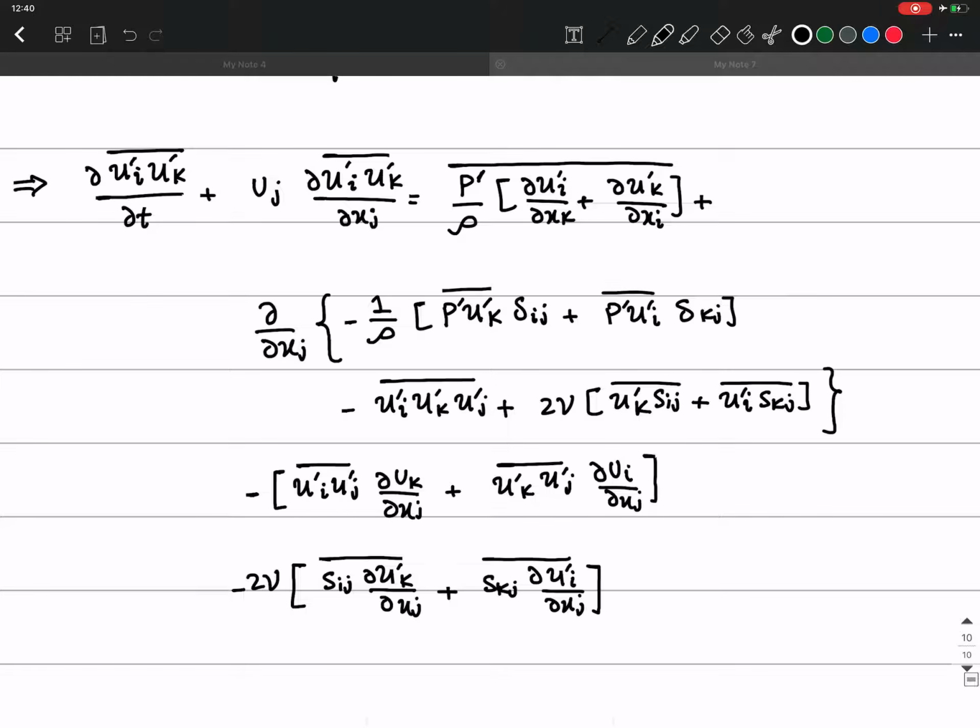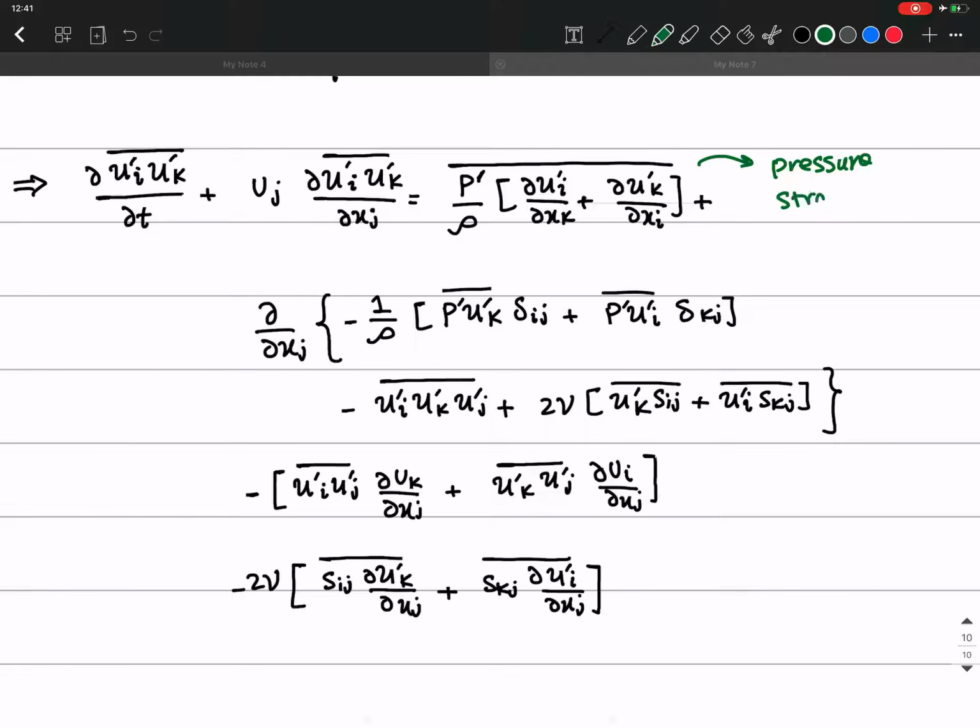Okay. Now let's see what these terms are and what each term here means. Again, from what I said before, this term represents pressure. So we have pressure here, and then we also have strain rate.